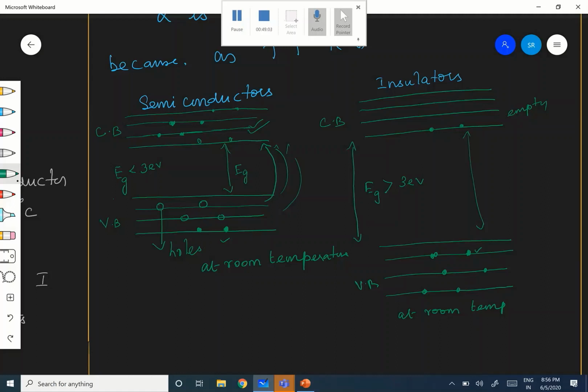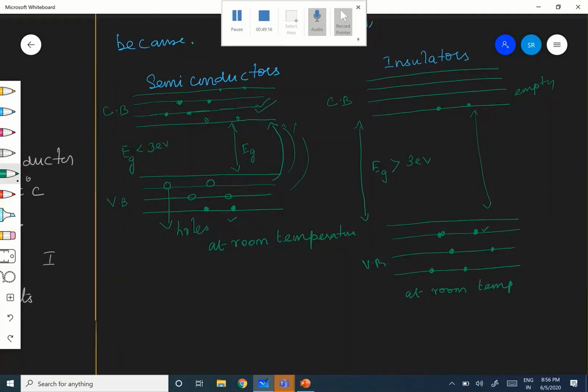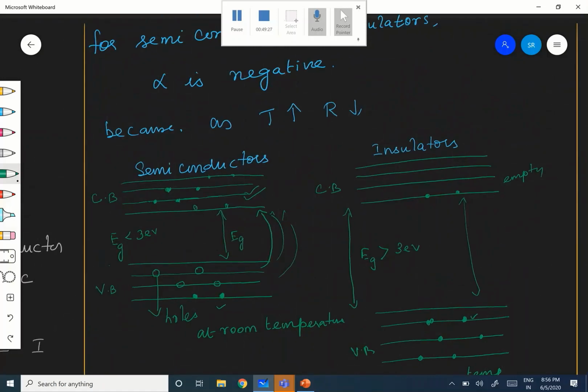Once the conduction band has electrons, they are ready for conduction. The number of electrons in the conduction band increases as you increase the temperature. So as you increase the temperature, resistance will decrease.